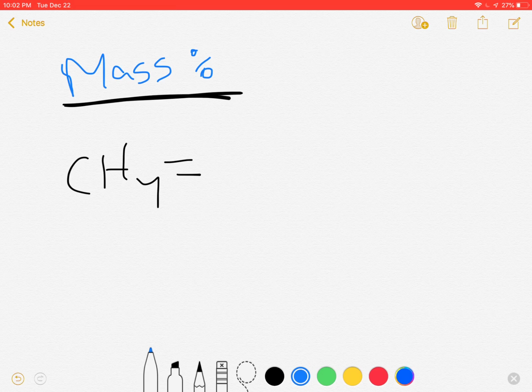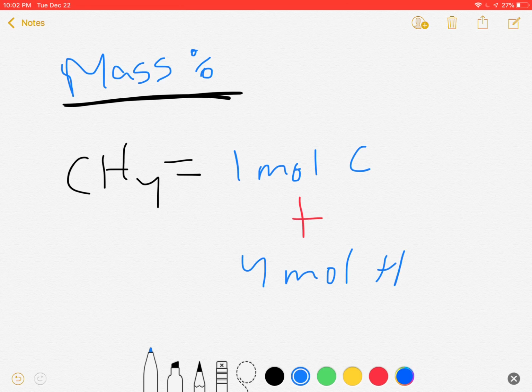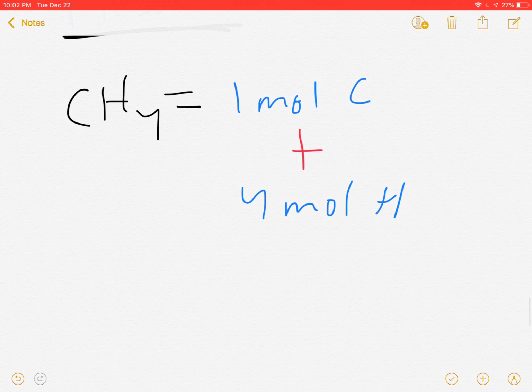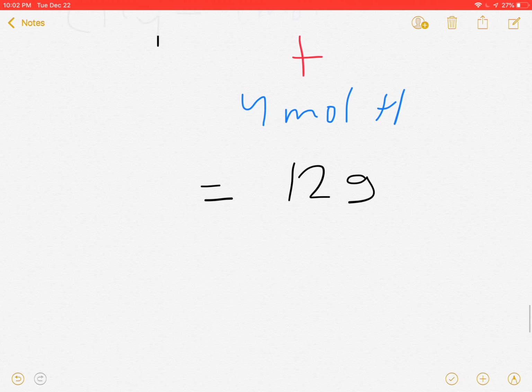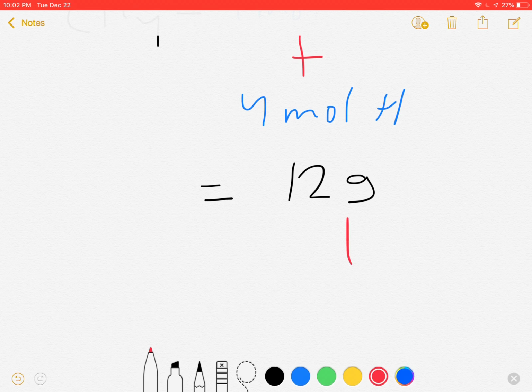1 mole of CH4 is made up of 1 mole of carbon plus 4 moles of hydrogen, because there are 4 hydrogens attached as well. If you look at your periodic table, 1 mole of carbon is 12 grams, plus 1 mole of hydrogen is 1 gram, but since we have 4 of them, we need to multiply 1 times 4 to get the total amount.